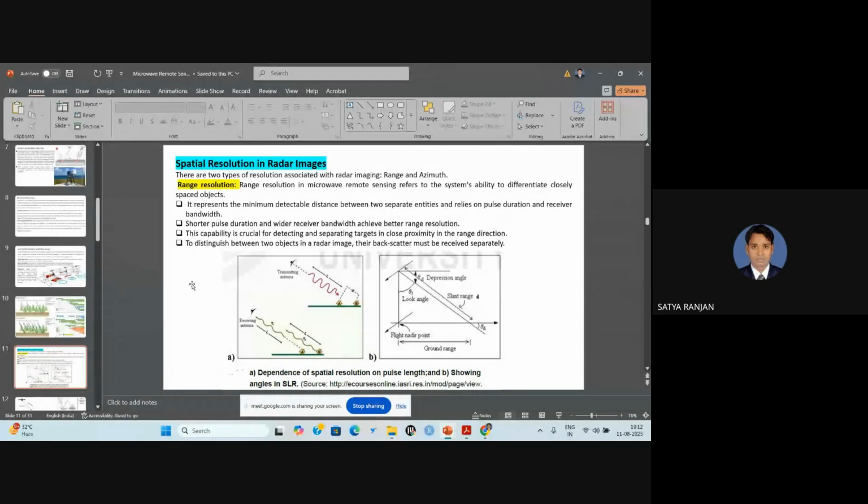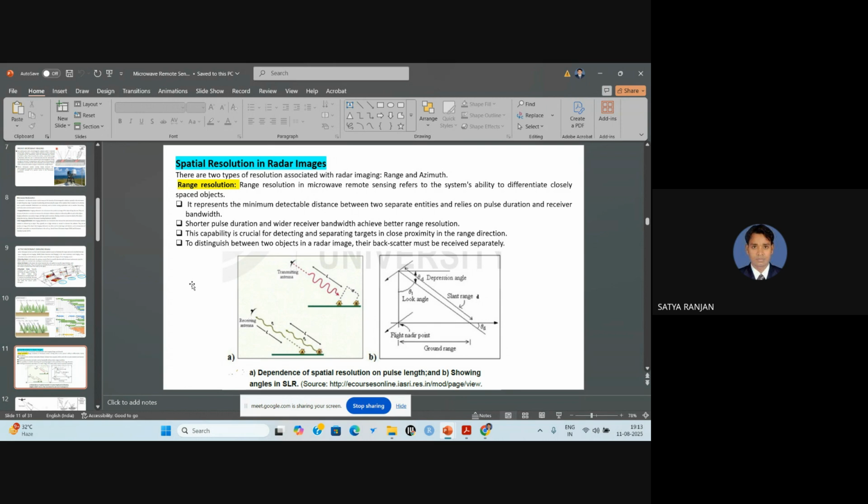Generally, range resolution refers to the system's ability to differentiate closely spaced objects. If two features are on the Earth's surface, how closely their EMR backscatter is received is called the range resolution. If two objects are far away and the backscatter is received, then it is a low resolution.